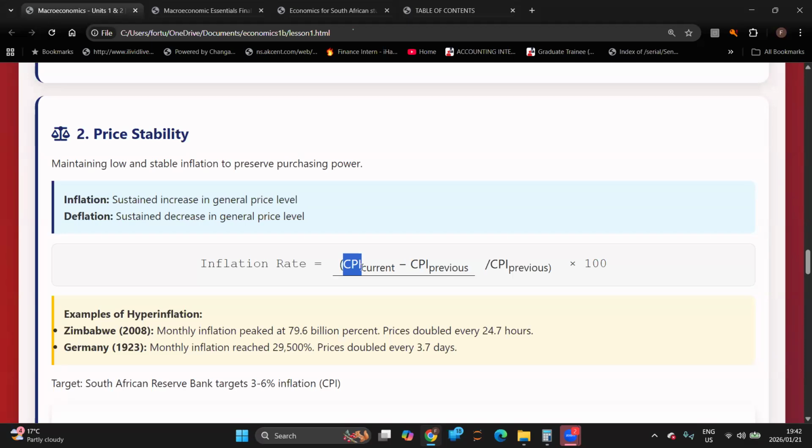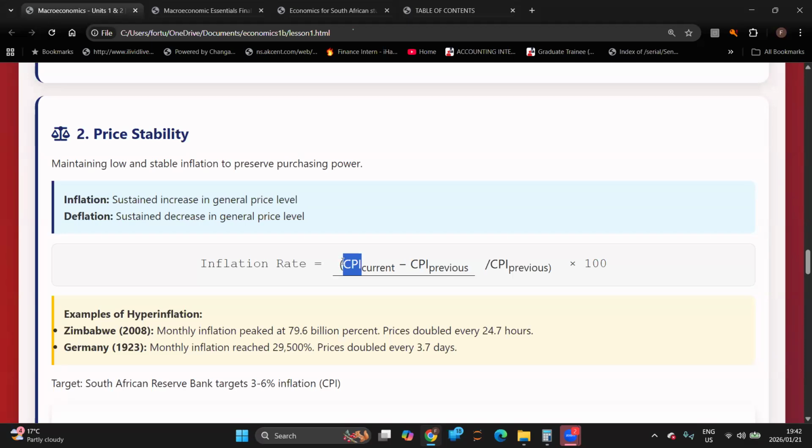So this basket of goods and services can be made up of maybe particular staple foods, it can be made up of data, it can be made up of electricity pricing, it can be made up of fuel costs, etc. So they give various weightings in terms of the importance that each particular product has within this particular basket of goods and services, and they then track the movement in terms of the prices.